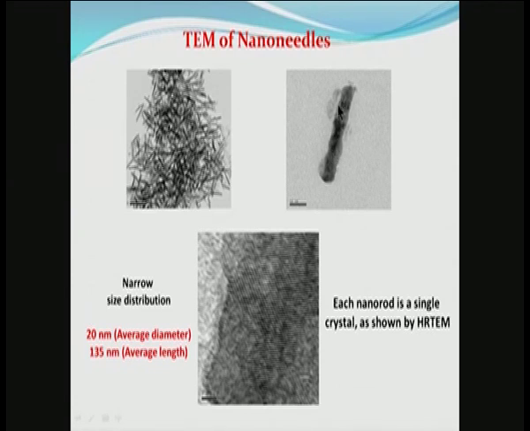So, they are very small in diameter and pretty long, and it turns out that there is a narrow distribution, a fairly monodisperse size of these things. 20 nanometers is the average diameter, 135 nanometers is the average length, and each of these, as shown by this high resolution TEM image over here, is a single crystal. So, these different shapes illustrate that electron microscopy is important in examining and understanding the shape of these crystals, which is again one of the important ways of characterizing nanomaterials.